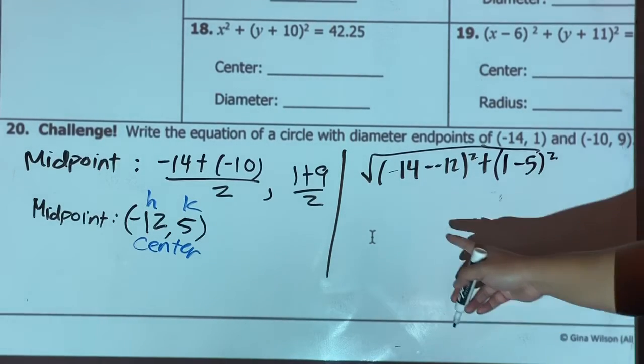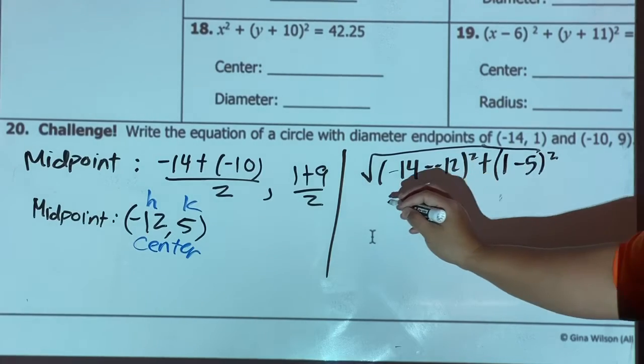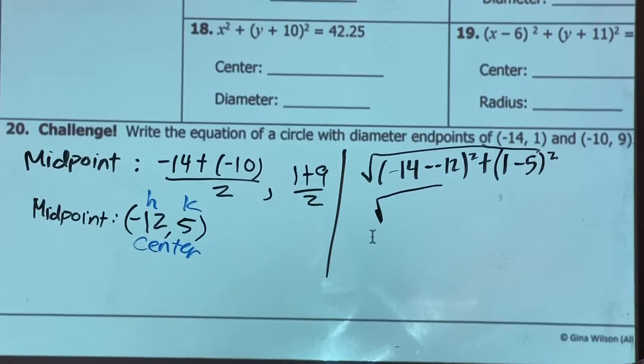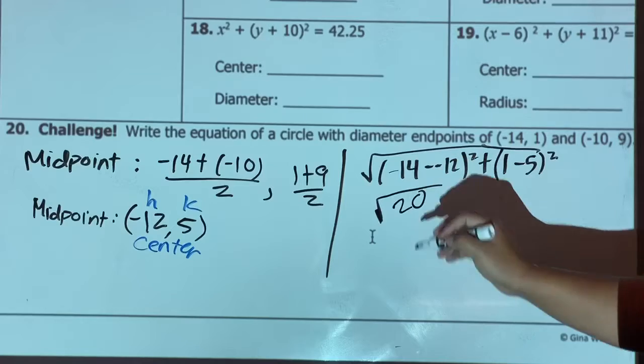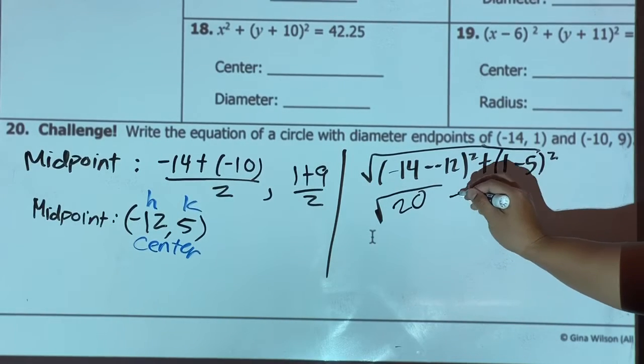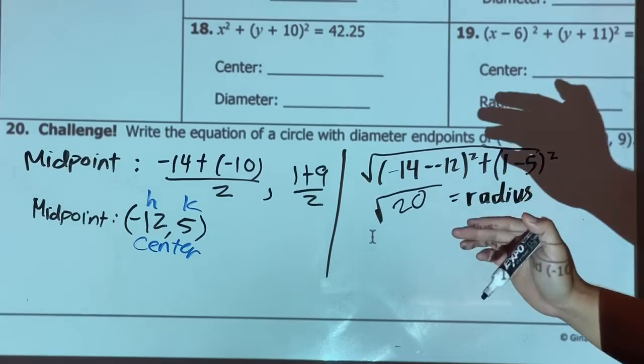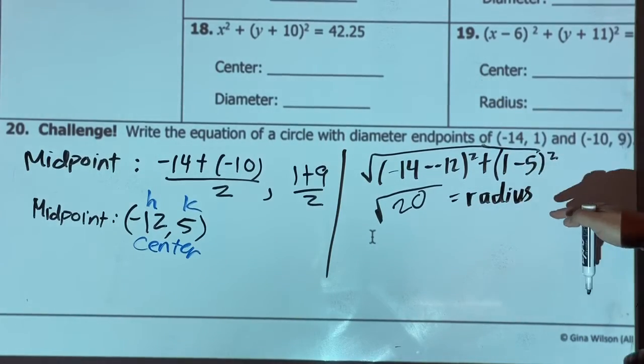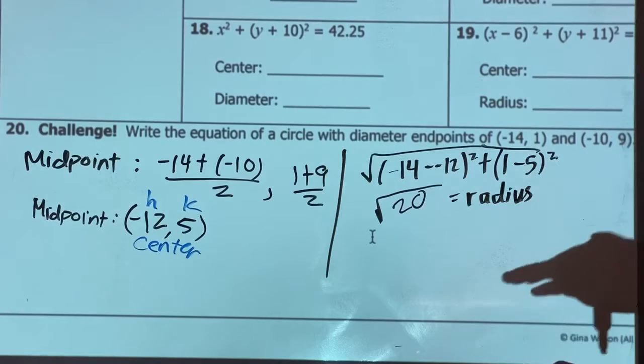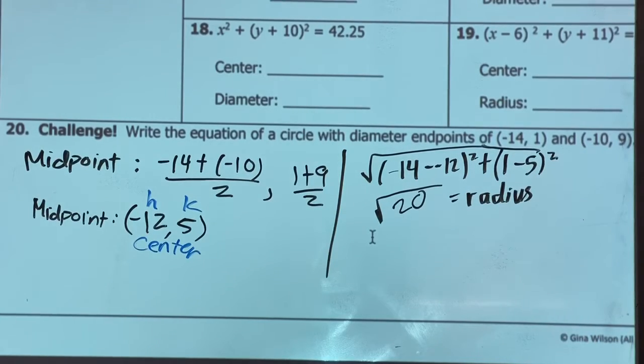If you plug this into the calculator, you should get the square root of 20. This is my radius, because that's the distance between the point on the circle and the center point. So I can use this to write out my final equation.